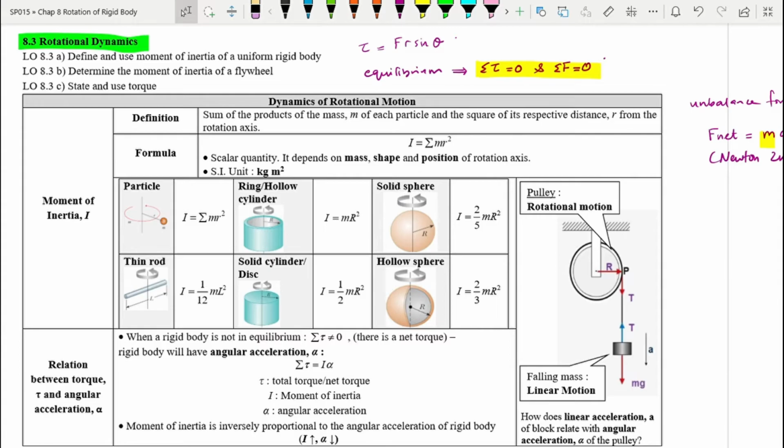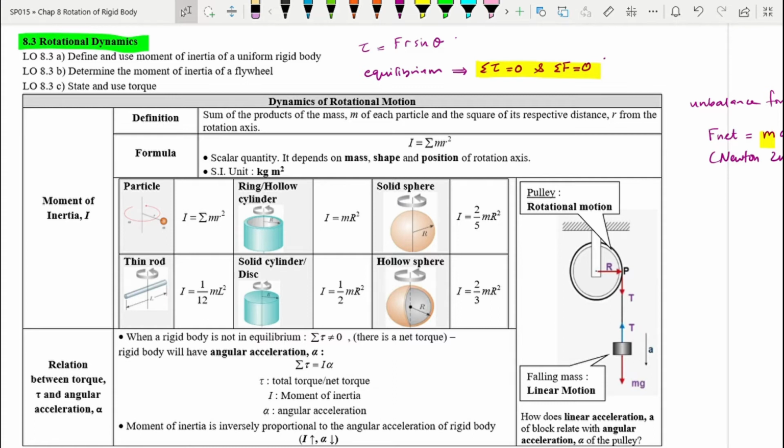Tapi dalam rotational motion, apabila ada unbalanced torque, objek tu akan accelerate with angular acceleration. So, bezanya dia akan accelerate with angular acceleration lah. Sebab dia melibatkan rotation. Kalau linear, kita just cakap dia sebagai linear acceleration. Kalau rotational, kita akan cakap dia angular acceleration.